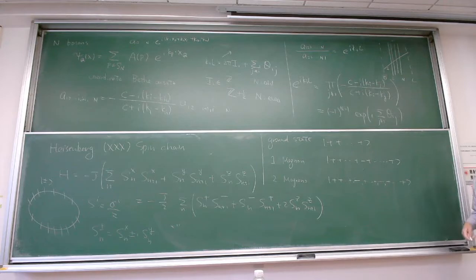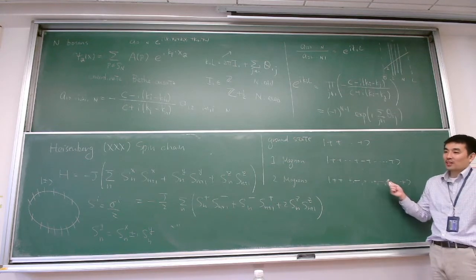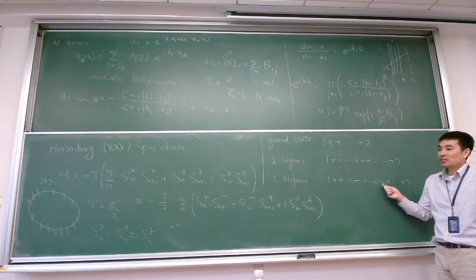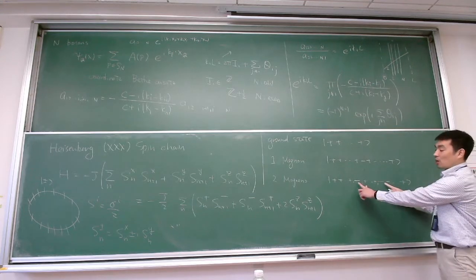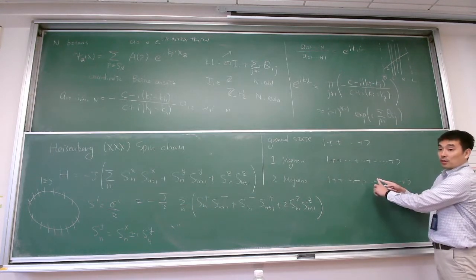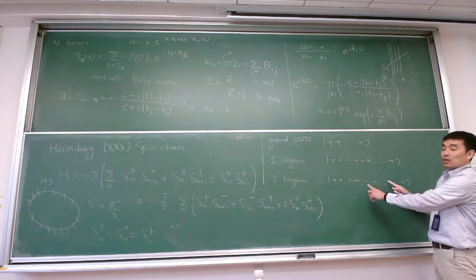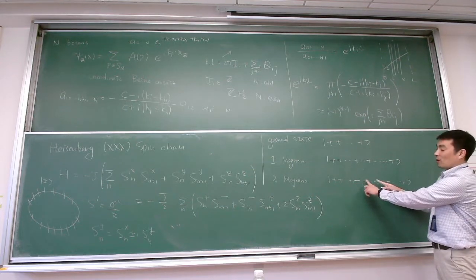This is very similar to what we considered in delta function states. Here it looks like two boson states, but you cannot occupy the same position. It's fermionic, so you cannot collide, because of the minus sign.